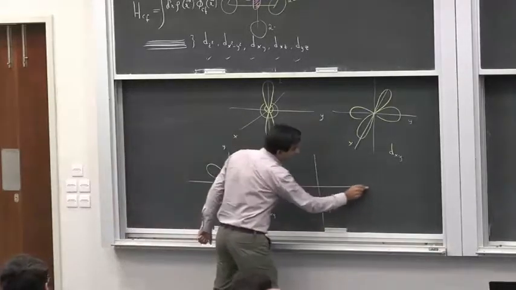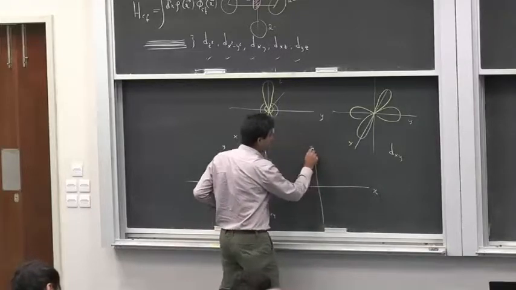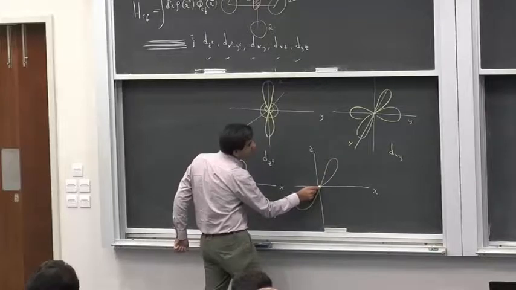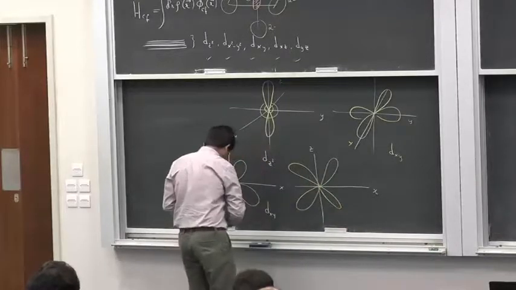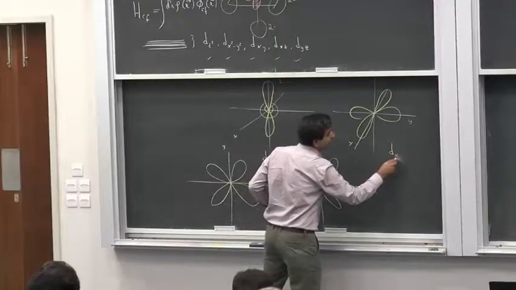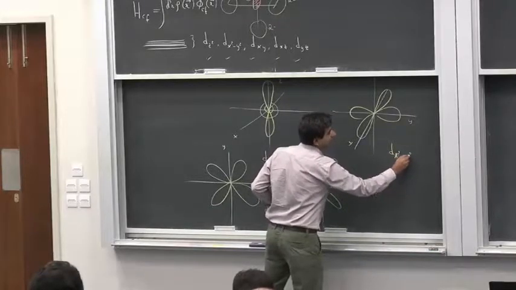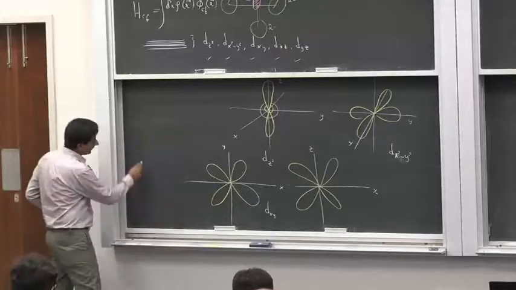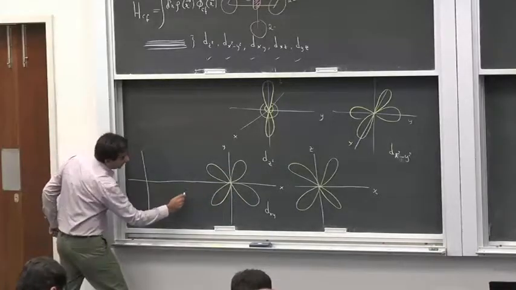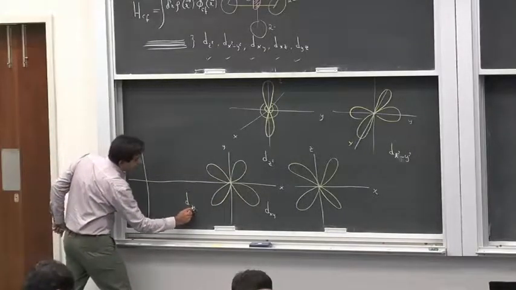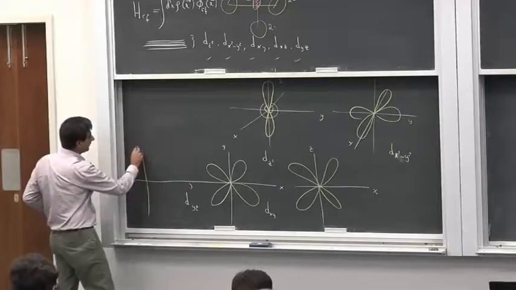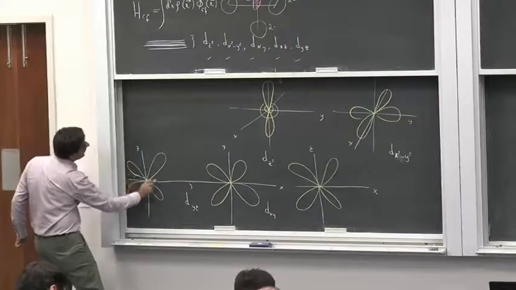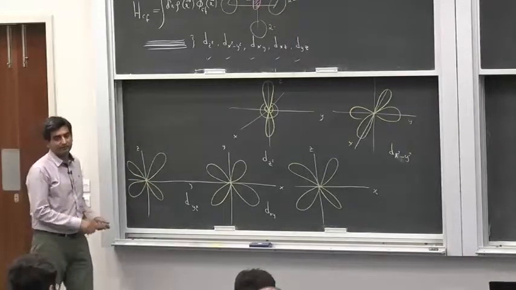Likewise, I can have dxz. This is dx square minus y square. This is dxz, this is dxy, and I have the 5th one, which is dyz. So this is the y-axis, this is the z-axis. So there are 5 different kinds of orbitals.